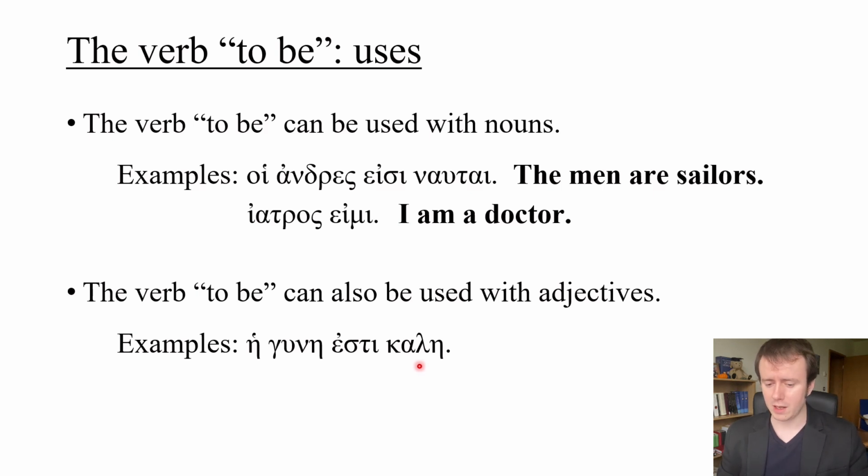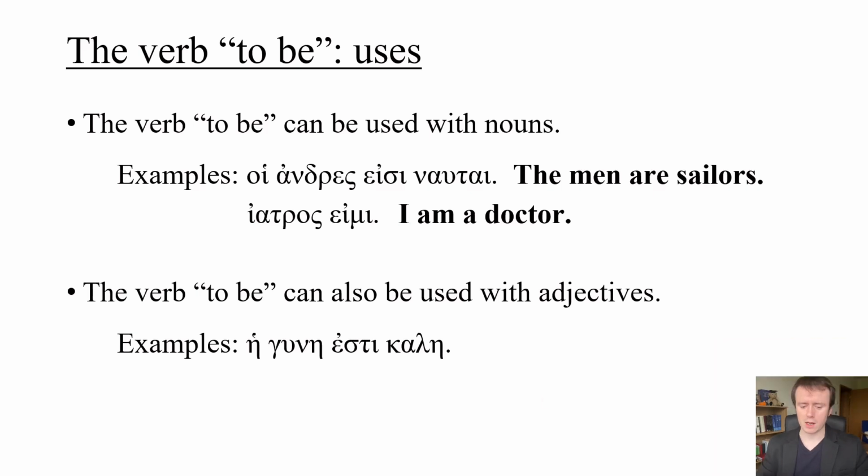So kalē here is feminine nominative singular because gunē is feminine nominative singular. And because we've got the verb to be, both of these need to be in the nominative. Both the subject, gunē, and the complement, kalē, are in the nominative case. So, Hē gunē estin kalē means the woman is beautiful.